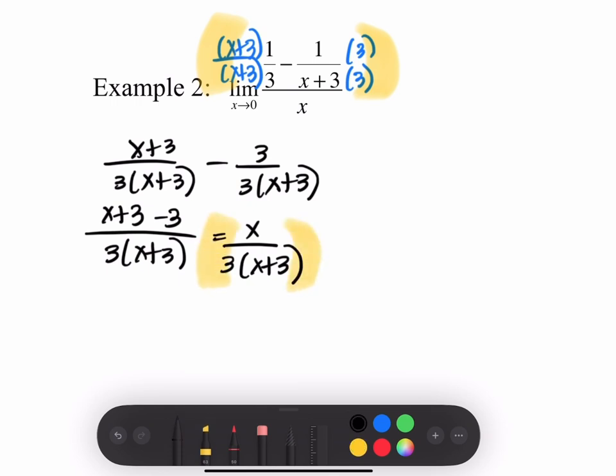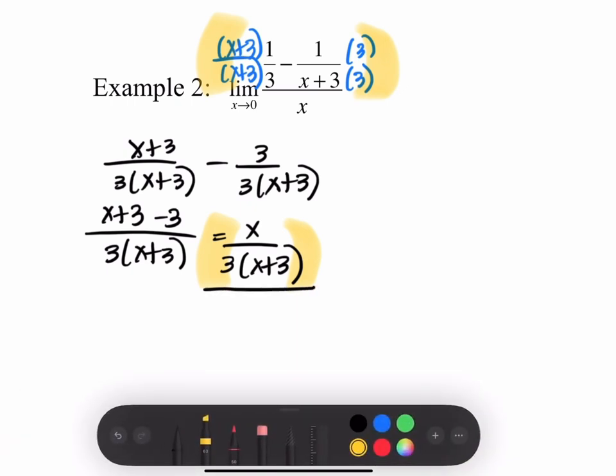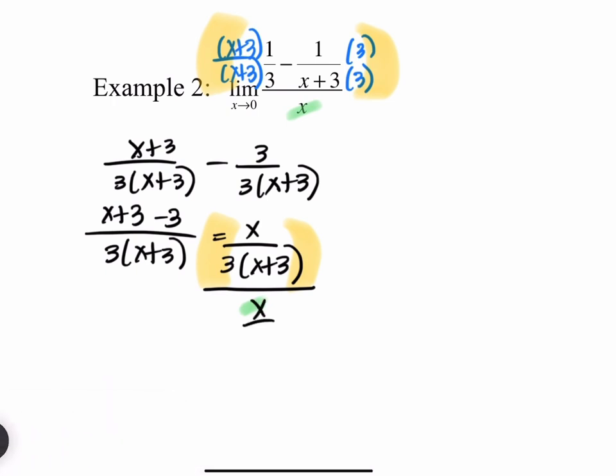I still need to take into consideration my denominator. And in this case, my denominator is x. So just be really careful you don't forget about your denominator. That's another huge mistake that I see students do. They'll do all this work to combine the fractions in the numerator, and then they forget that the denominator exists.